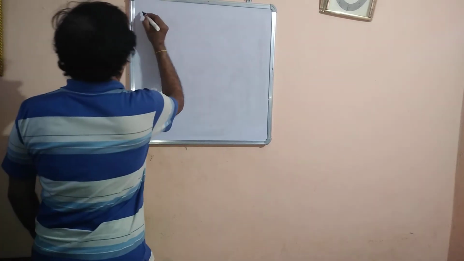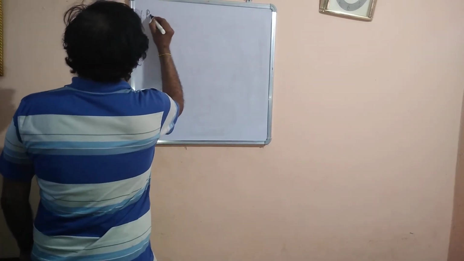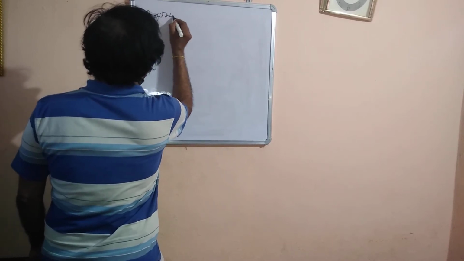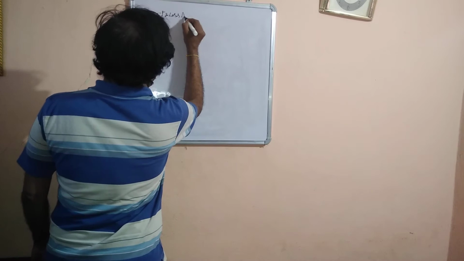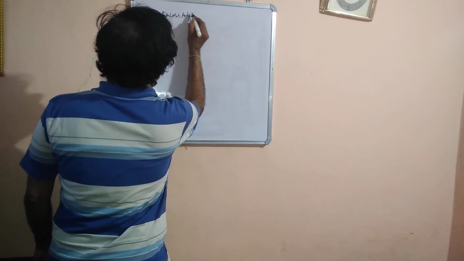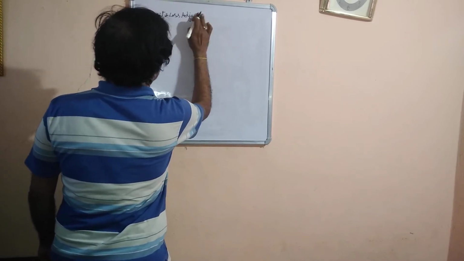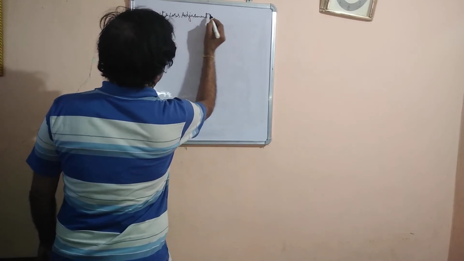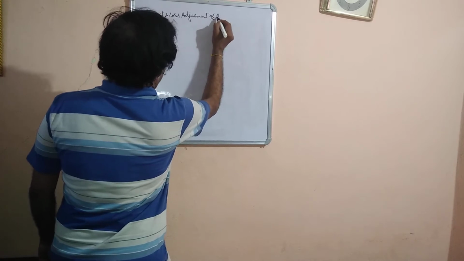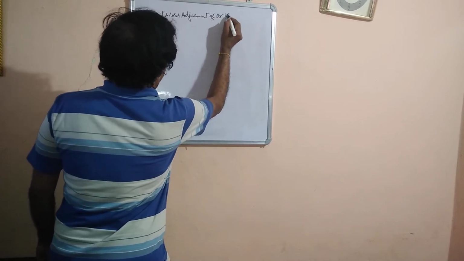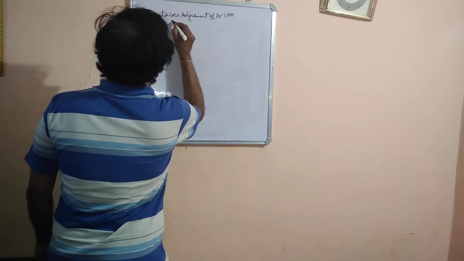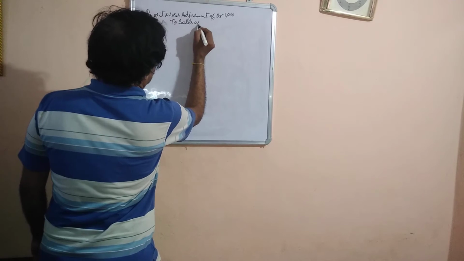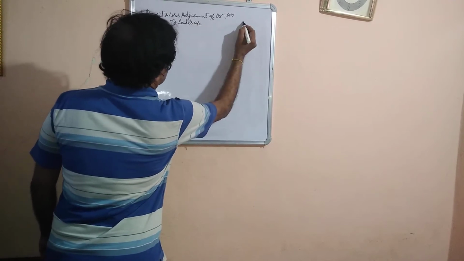So the first one is profit and loss adjustment account debit 1000 rupees, to sales account 1000 rupees.